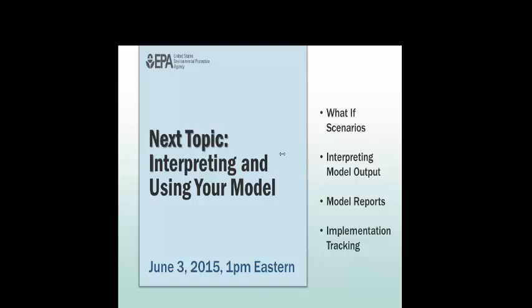Yeah, the answer is yes. The data quality you're going to use for the model is a topic of the QAPP. The QAPP should be talking about both the coverage, the extent of your data, as well as its quality.